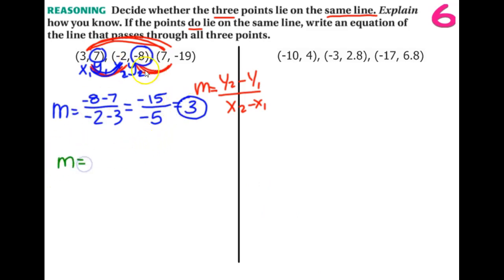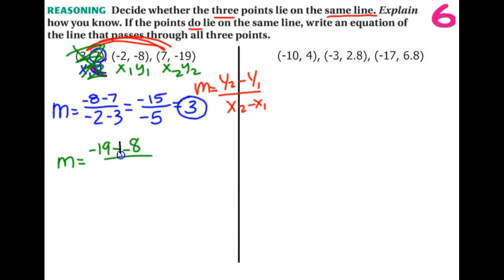Then our slope between the next 2 points, I'm going to label those as well, except I'm going to relabel them because now I have 2 new points. x, y, my first point now, x, y, my second point now. I'm not even including this one right now. So y2 minus y1, we have negative 19 minus a negative 8.